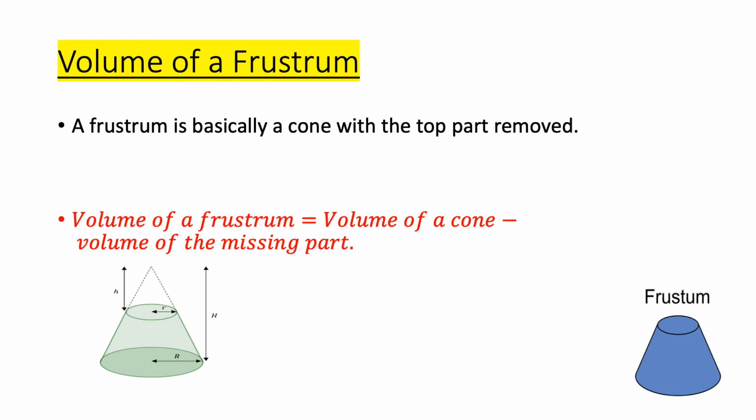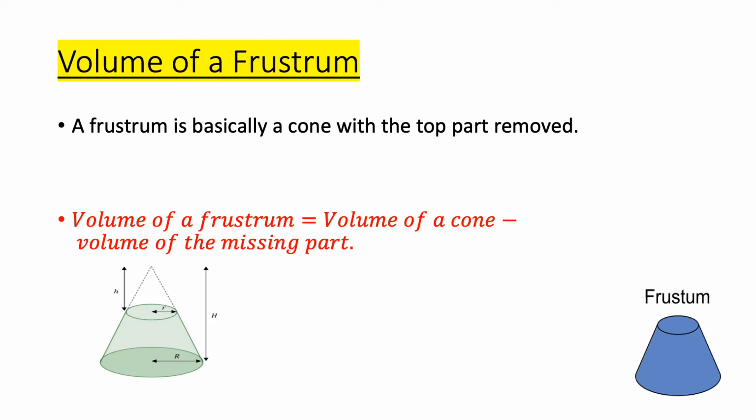To work out the volume of a frustum, it's the volume of the whole cone minus the volume of the missing part, so essentially minusing the volume of the smaller cone. You've got a small height h, big height H, small radius, and then big radius.